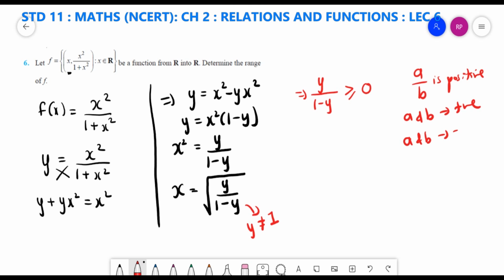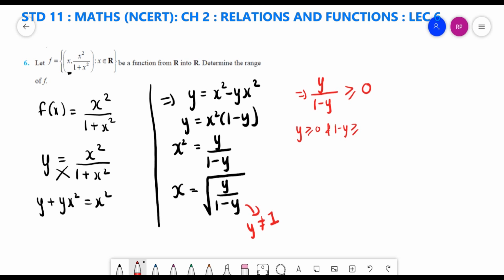So now here it is given that y upon 1 minus y is greater than or equal to 0. So either y is greater than or equal to 0 and 1 minus y is greater than or equal to 0, this is the case, or y is negative and 1 minus y is negative.